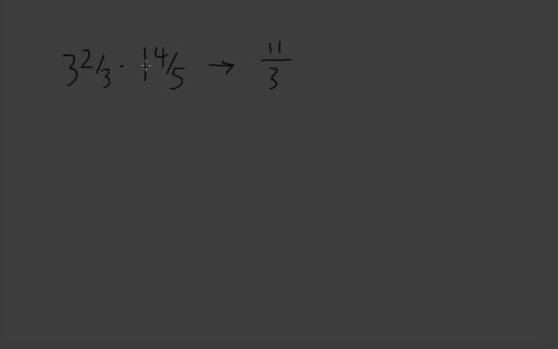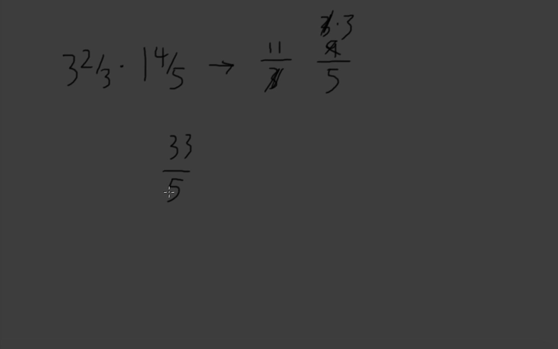And 5 times 1 is 5 plus 4, so it's going to be 9/5. Now let's see if we can cancel anything out, and we can. See this? 9 is also 3 times 3. And now we have a 3 on top and 3 on bottom, so we have the ability to cancel these out. So now all we have left is 11 on top and 5 on bottom, times the 3 on top. So that turns into 33 over 5.